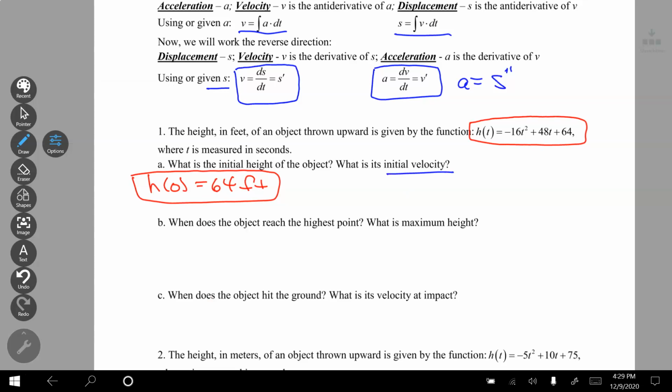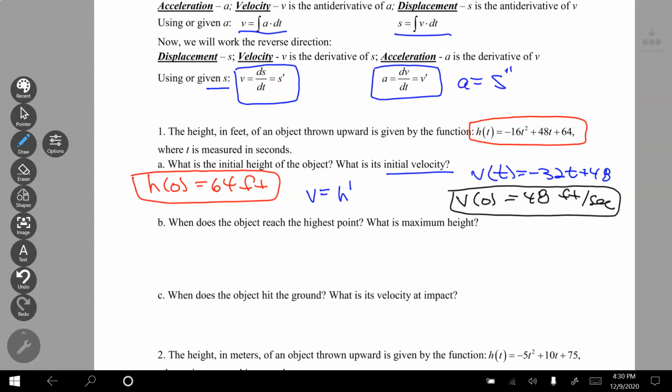So first I have to figure out the velocity equation, and that's just taking the derivative of the height equation. I get velocity is equal to negative 32t plus 48, and if I want the initial velocity, I just plug in 0, and I get 48, and it'll be feet per second. Units are important.